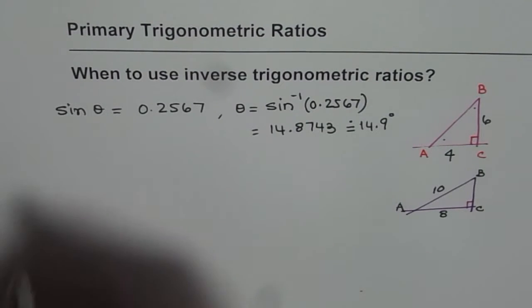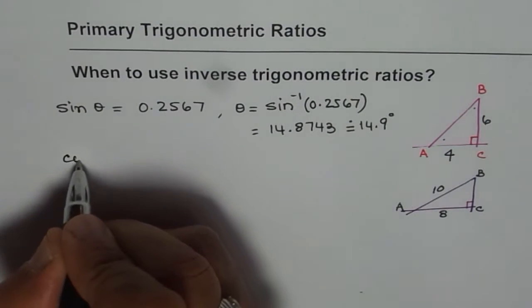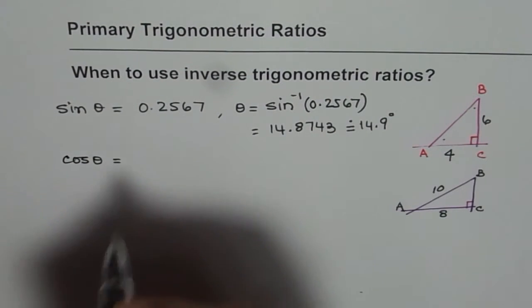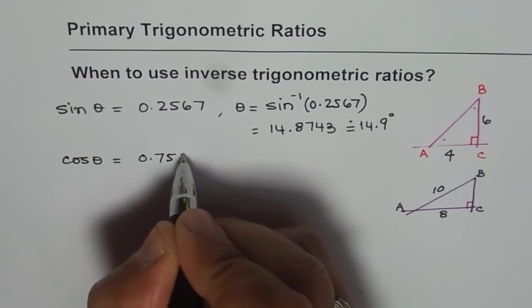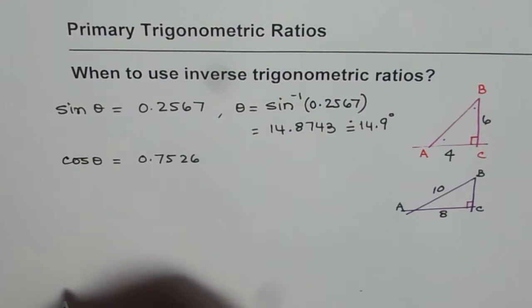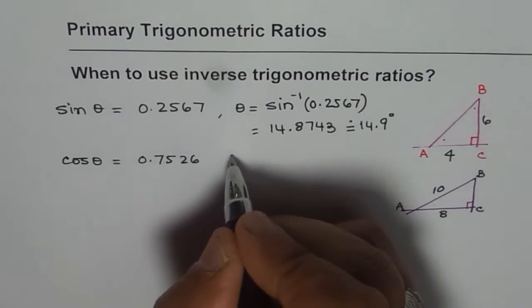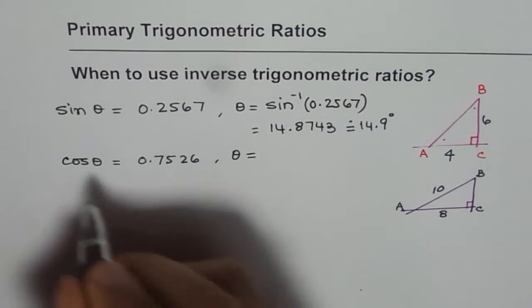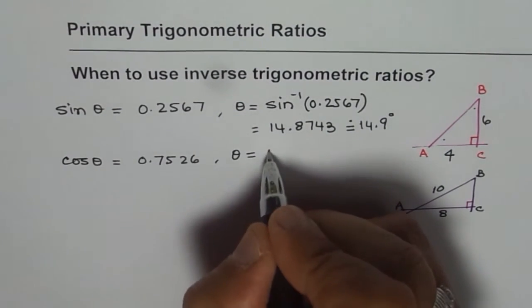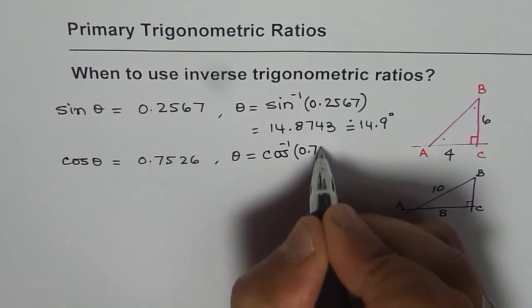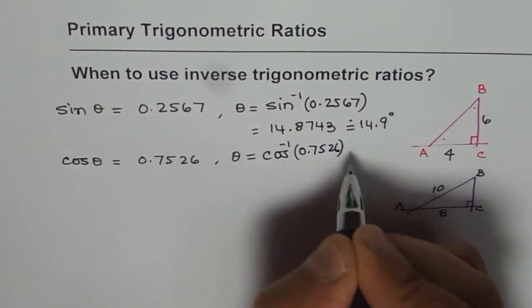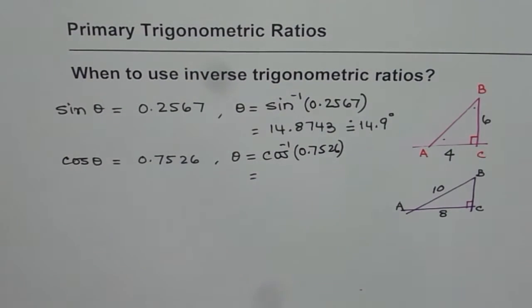Let me take another example. Let us say we have cos theta equal to 0.7526. In that case, what should be the angle theta? Now theta should be cos inverse of this, right? Cos inverse of 0.7526. We can again use the calculator.